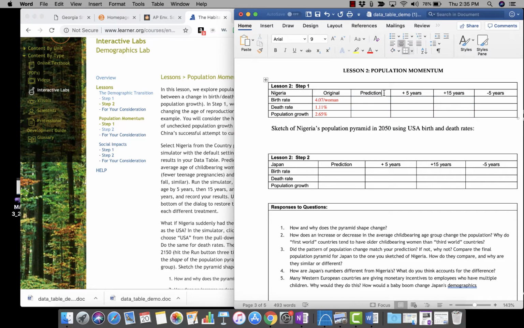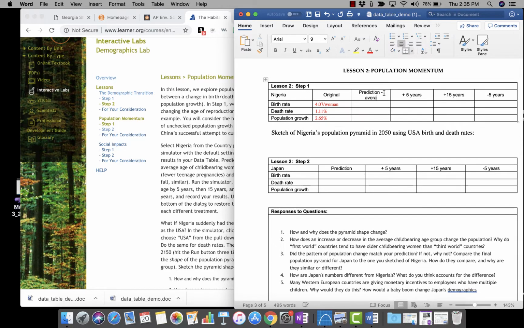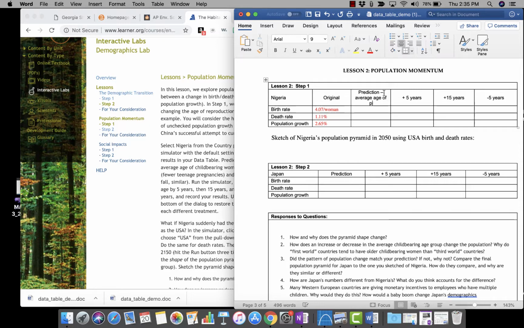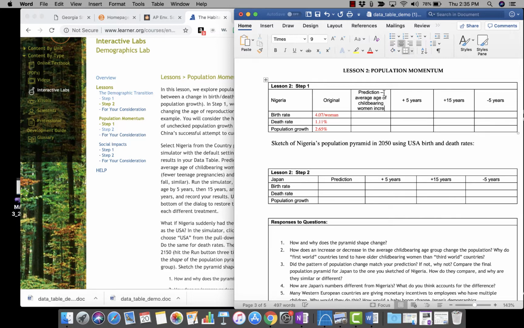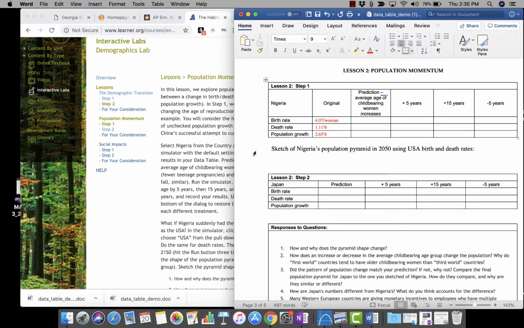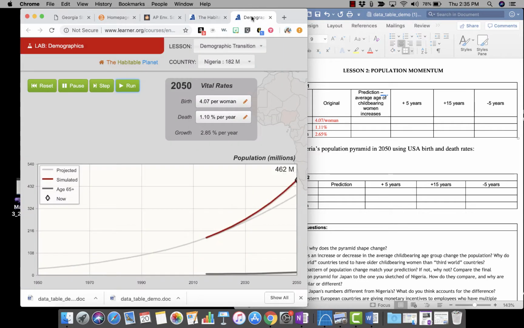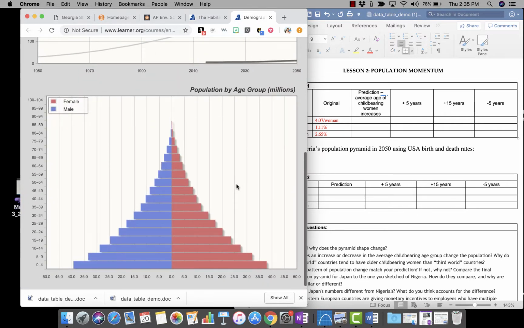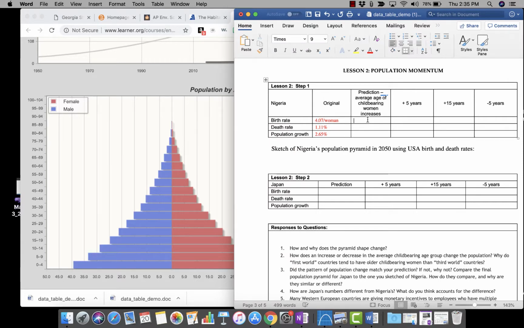So we are predicting, okay, so we want to predict what's going on. If we're increasing the childbearing years, I would say that the birth rate would go down.